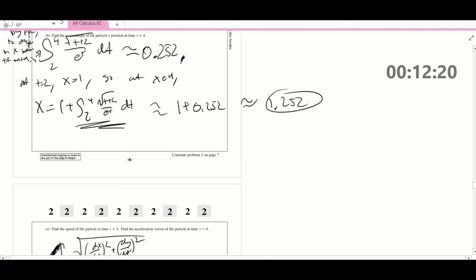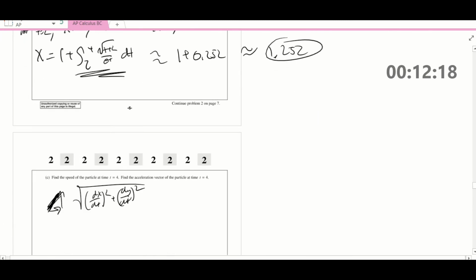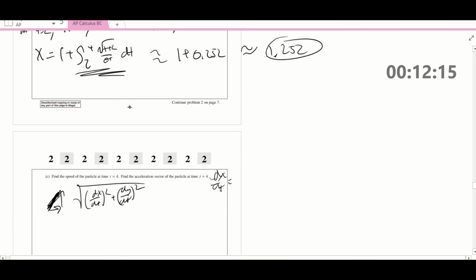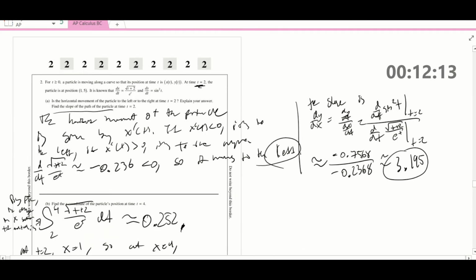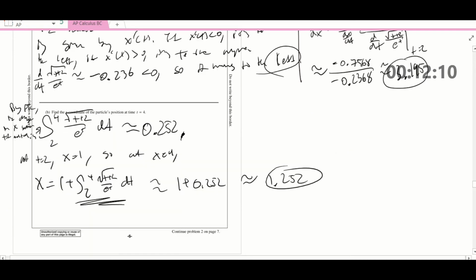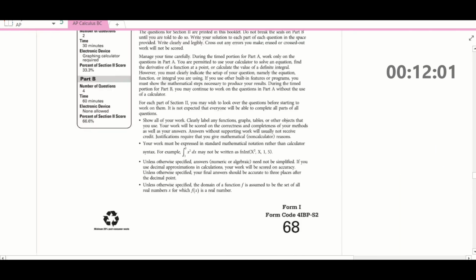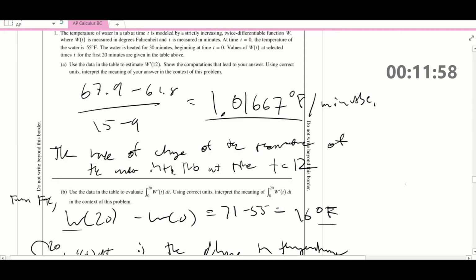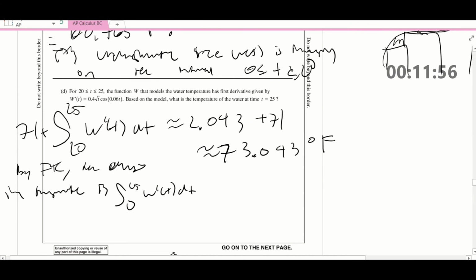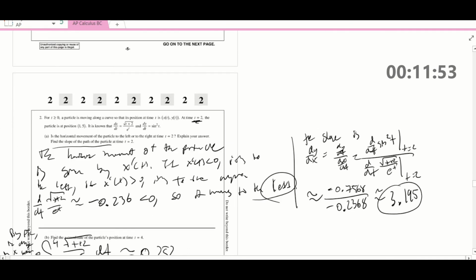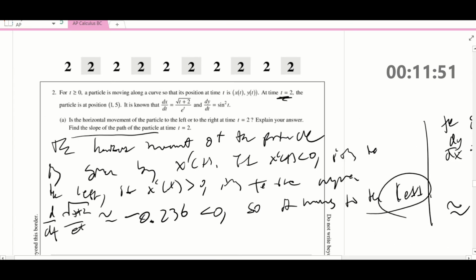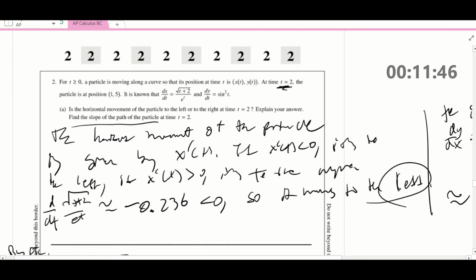So if we look up here, dx over dt, I just realized that here I wrote the derivative of this has to be less than 0, but it's just the value here.